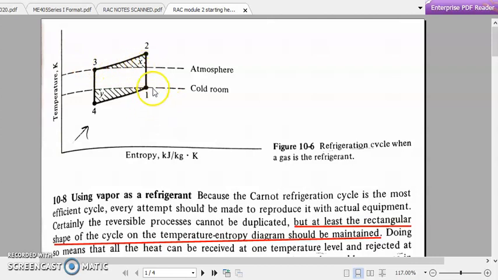So instead of a simple gas like our air used as a working fluid, suppose we use a working fluid which will evaporate during the refrigeration process and condense during the heat rejection process.